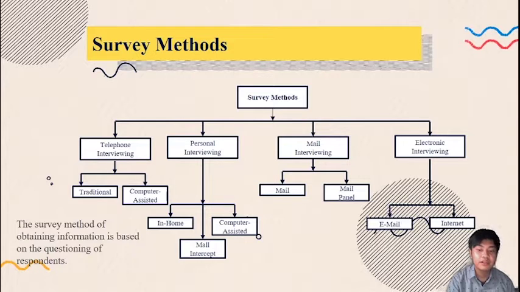There are 3 types, to the respondent house by an email or a computer assisted. Third, mail survey. Divided into ordinary mail and mail panels. Fourth, electronic survey can be done with the internet or web survey maker or email that is usually sent on a web newsletter.